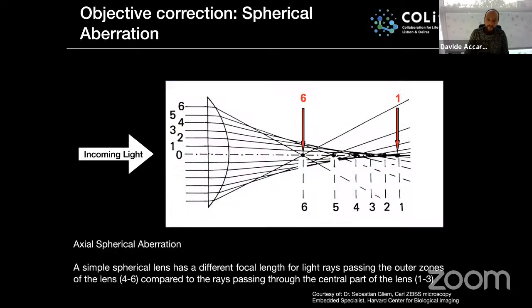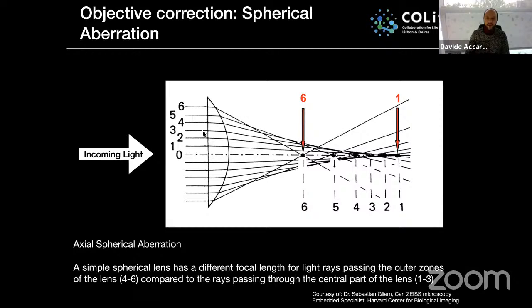All right, let's pass to spherical aberration. In this scheme, again, we have on the left-hand side the incoming light. In this case, we are not considering different wavelengths, but one single wavelength that is filling the entire lens, okay?